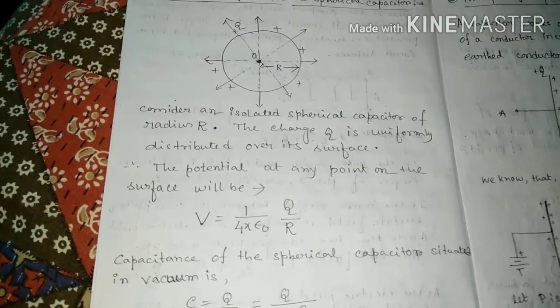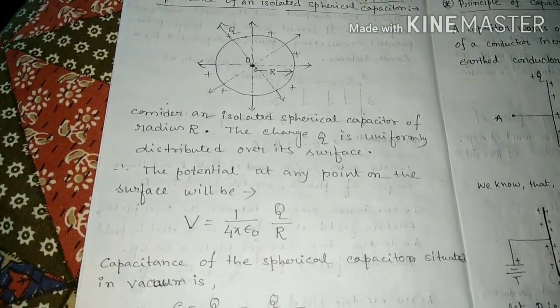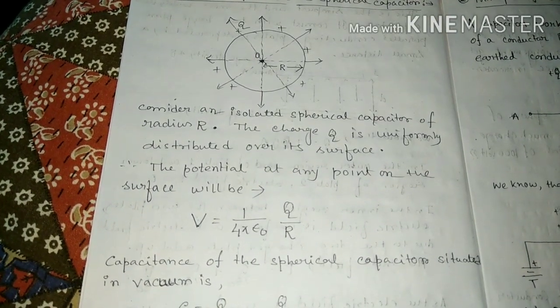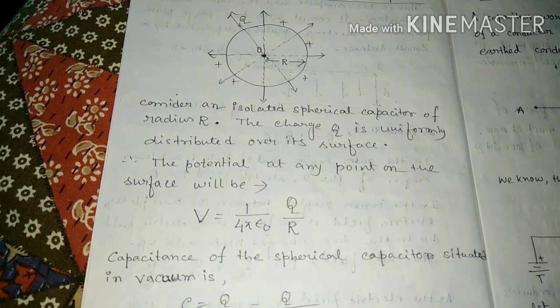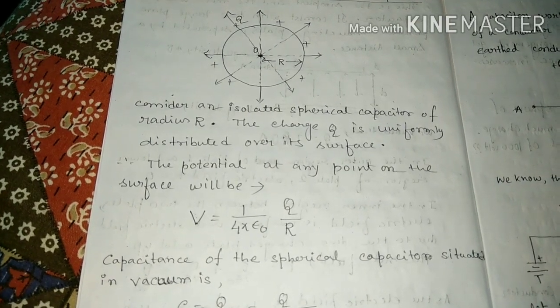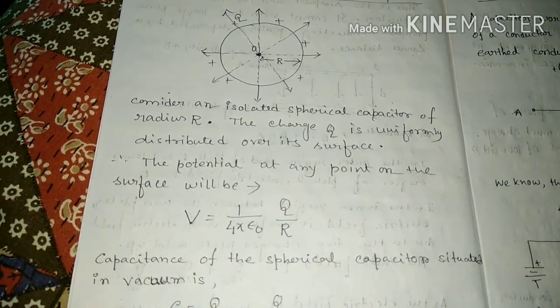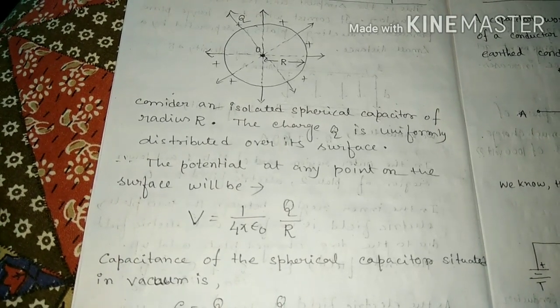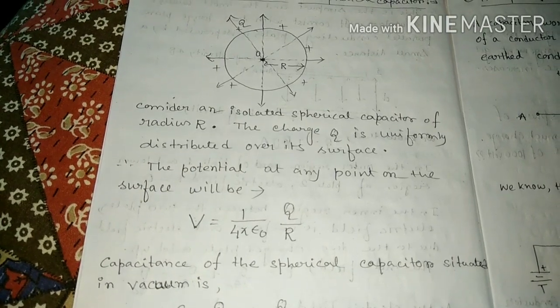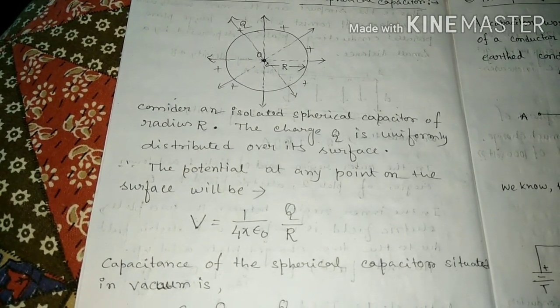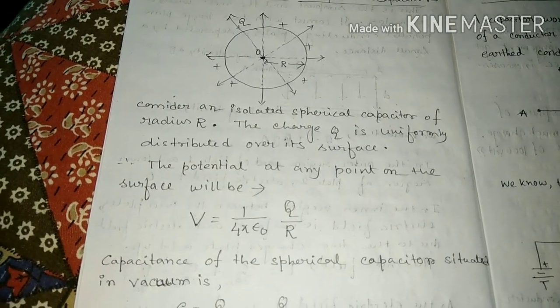If we consider any one point on the surface, the potential will be V equals 1 by 4 pi epsilon naught Q by R. Because the conductor is an equipotential surface, at each and every point the potential will be the same.